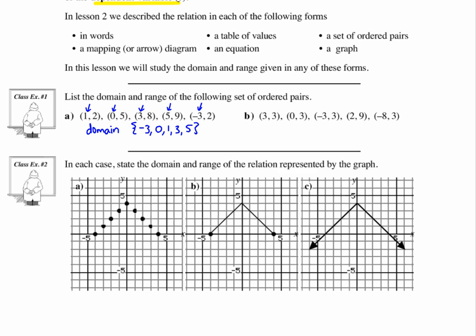Okay, range would be all the y values. So numerically in order, what's the smallest? 2. Now I see 2 2s, but you only write 1. Good. 2, then 5, 8, and 9. Okay, easy? So for a set of ordered pairs, domain and range is easy.